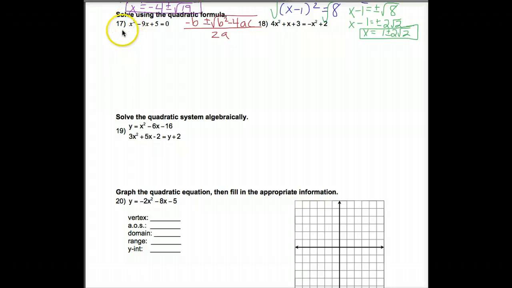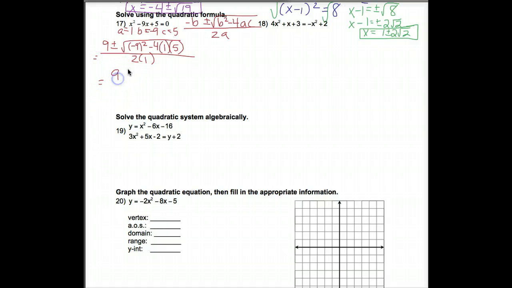So in this case, my a is 1, my b is -9, and my c is 5. So opposite of b would be +9 plus or minus square root b squared minus 4 times a times c, all divided by 2 times a.